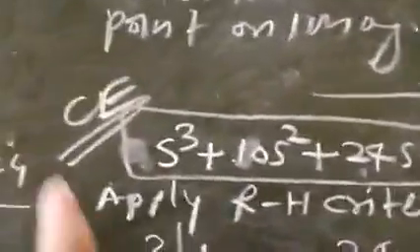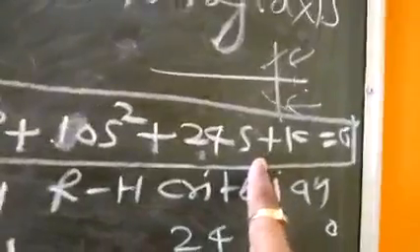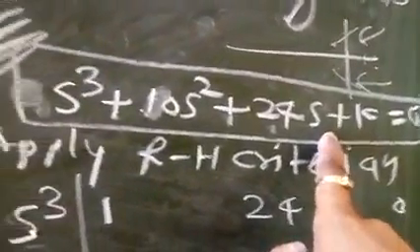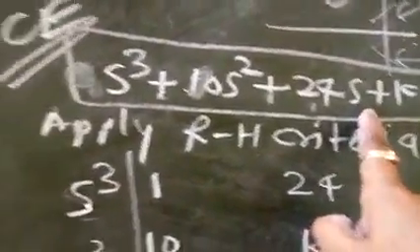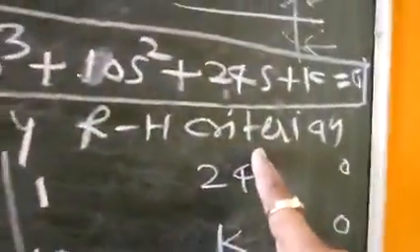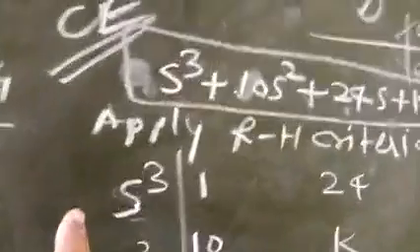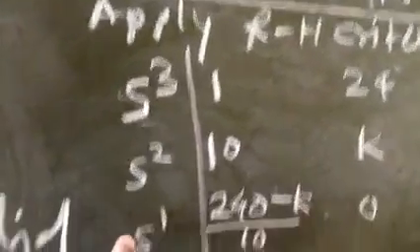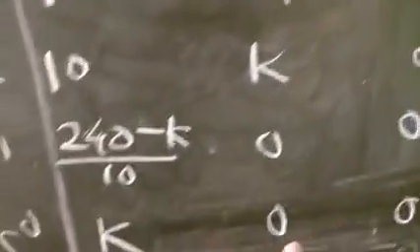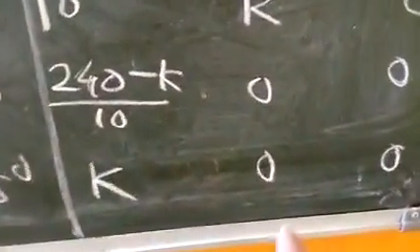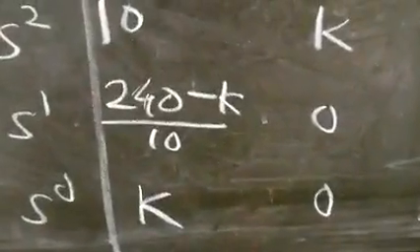We have the characteristic equation from the previous step, which we already obtained. Apply the Routh-Hurwitz criterion. Write down the polynomial S cube, S square, S raised to 1, S raised to 0, then their multipliers, and finally determine the value of K.